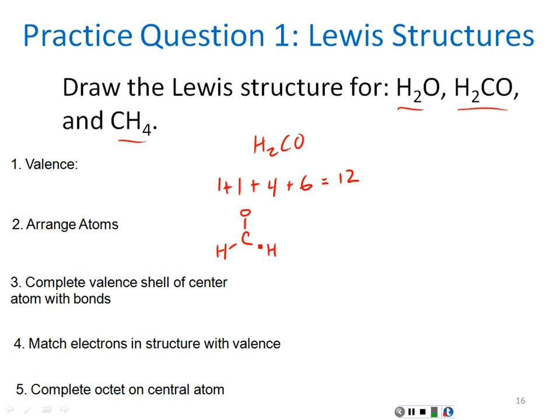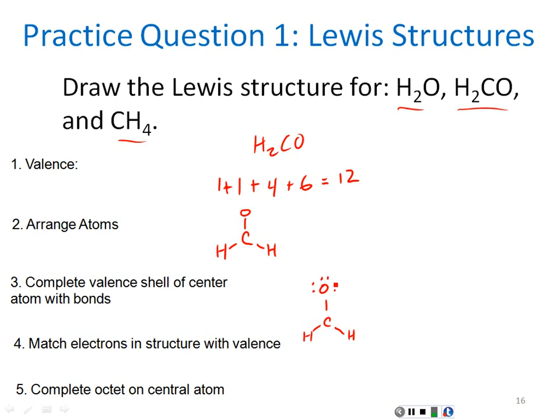Then we add single bonds around the center atom. Then we try to fill in the valence shell on the outside atoms with our remaining valence electrons. So we've used 6 electrons, we have 6 remaining. 1, 2, 3, 4, 5, 6.